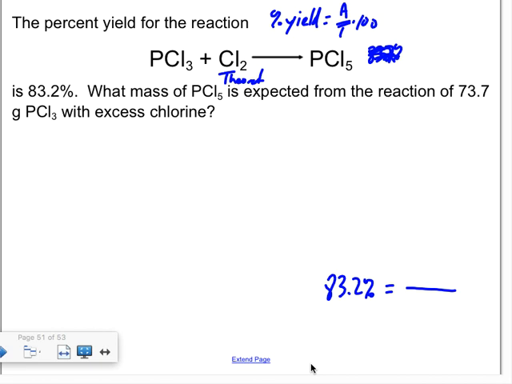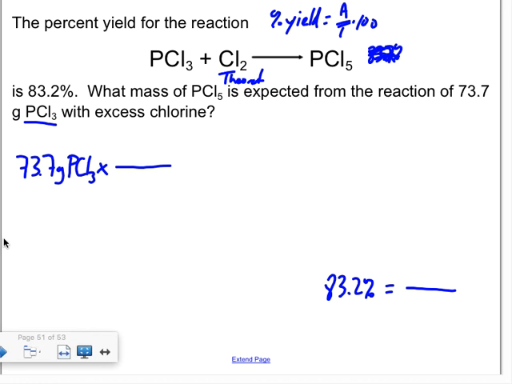All right. So let's start with our reactant, PCl3, and let's get to PCl5. So we're going to do a little bit of stoich. 73.7 grams of PCl3, and I've got to get to grams of PCl5.